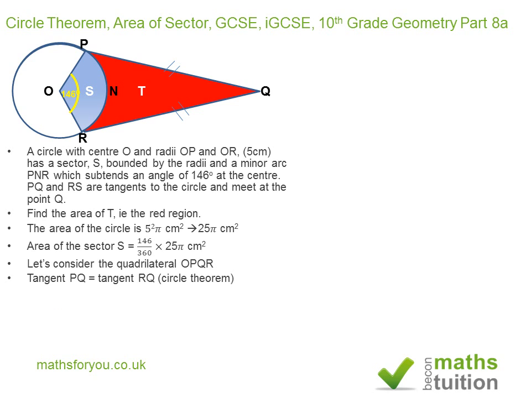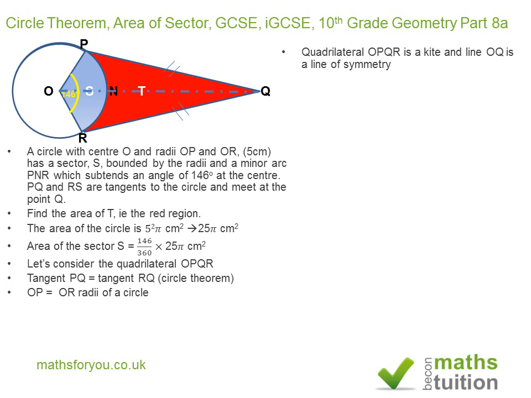So we've now got a quadrilateral OPQR, and because OP is equal to OR and PQ is equal to RQ, we have a kite with a line of symmetry OQ. That being the case, the triangle OPQ and the triangle ORQ are congruent, so triangle OPQ would be half of the quadrilateral.